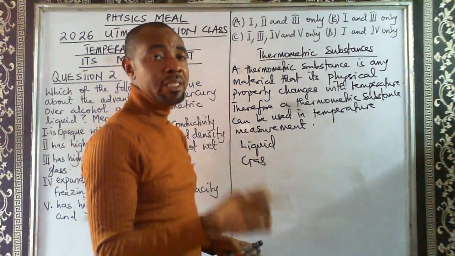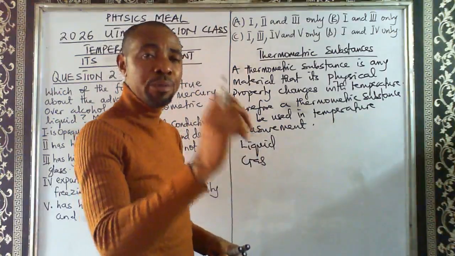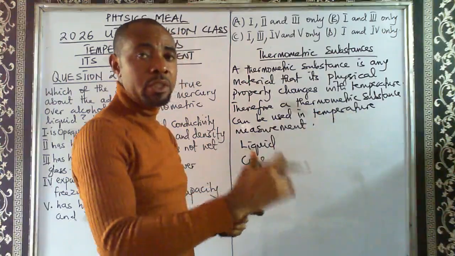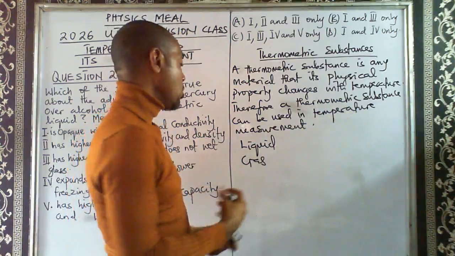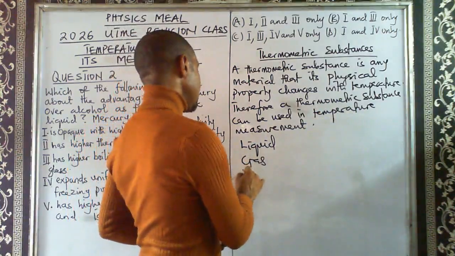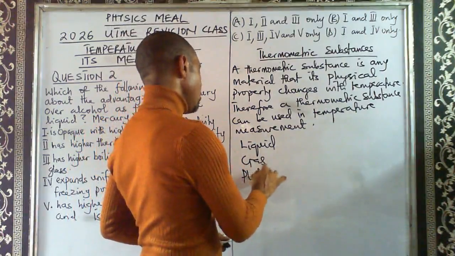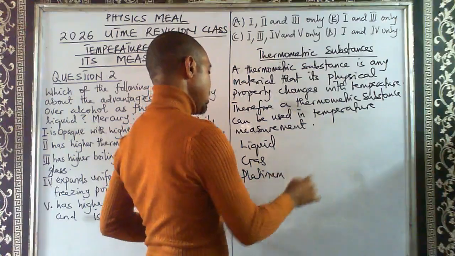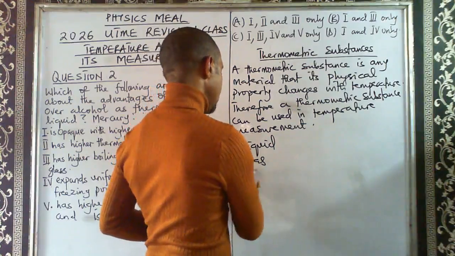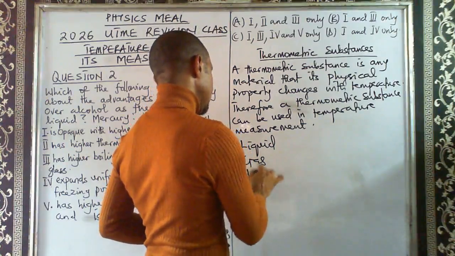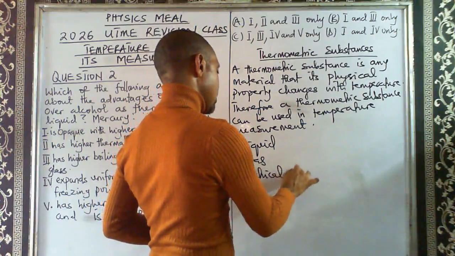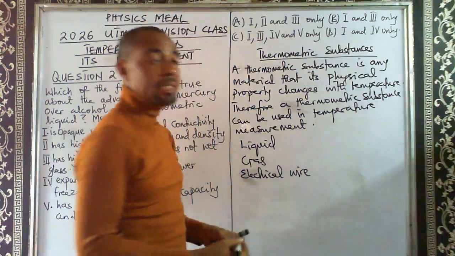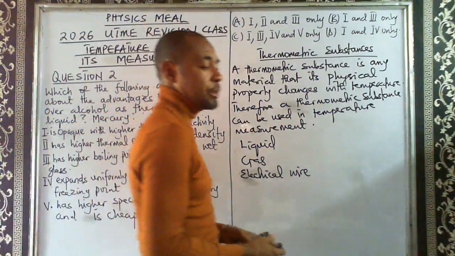But the important thing is that the particular physical property that will be used will change with temperature changes. Then we also have resistance wire, commonly platinum wire or electrical wire, which is another substance that can serve as a thermometric substance.